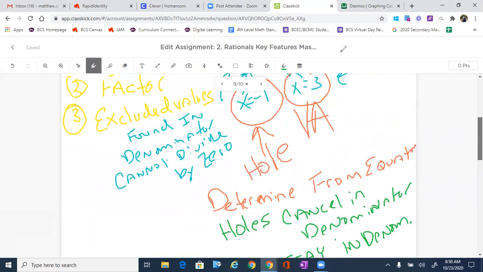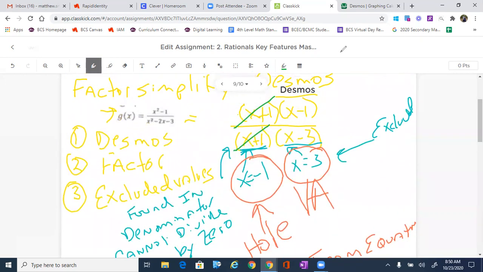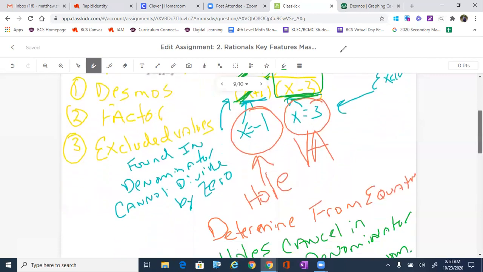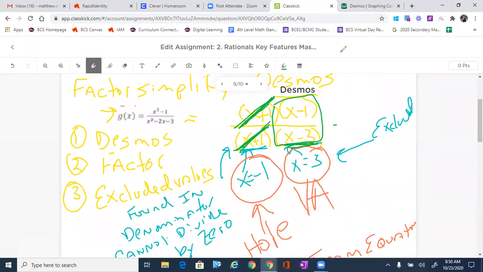Now check it out. x minus 3 cannot cancel because there's not an x minus 3 up at the top. We have fully simplified this. x plus 1 cancels out, and we are left with this statement, x minus 1 over x minus 3.